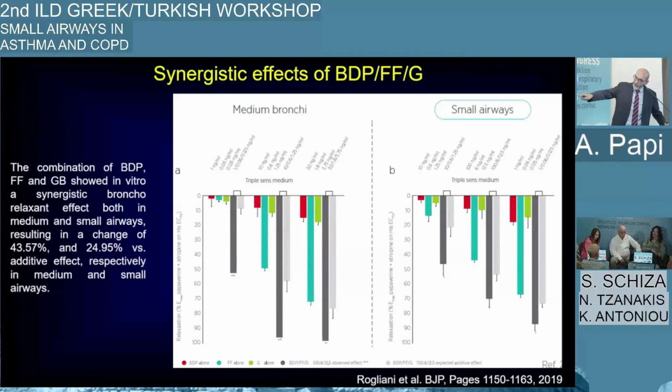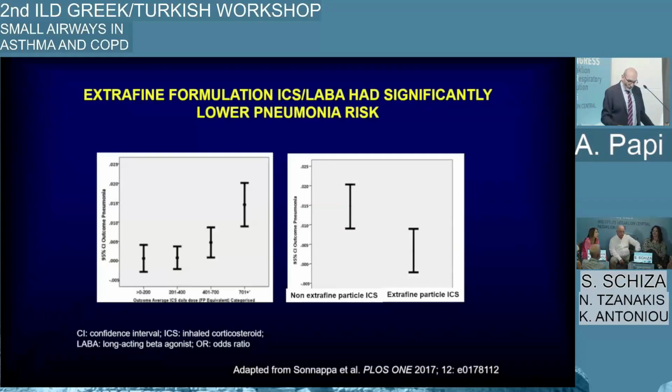The single colors are the three components of a triple therapy, ICS, LABA, LAMA. The dark gray is what we have when we put them together, and the light gray is what we would expect just by adding the single effects. We can see that the real effect, the dark gray, is higher than the addition of the single effects in small airways, indicating that there is a pharmacological interaction, synergistically potentiating each one's effect.